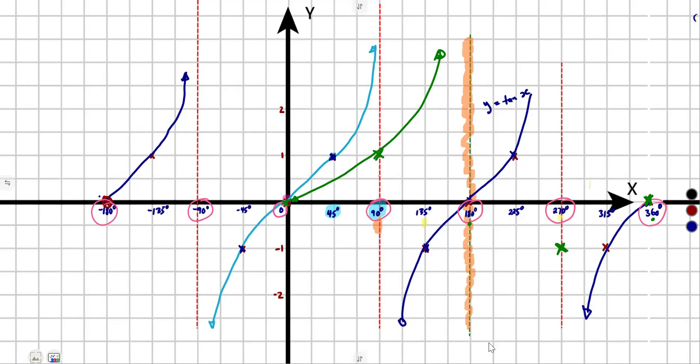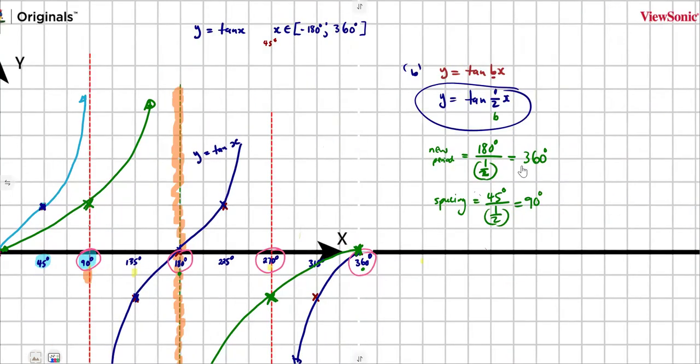We need this part, which is in green, up to 360 degrees at 0. So this is what is happening. In 360 degrees, it is a full cycle, a half here, and this other half. It has completed its cycle in 360 degrees, which is the period that we are given there.